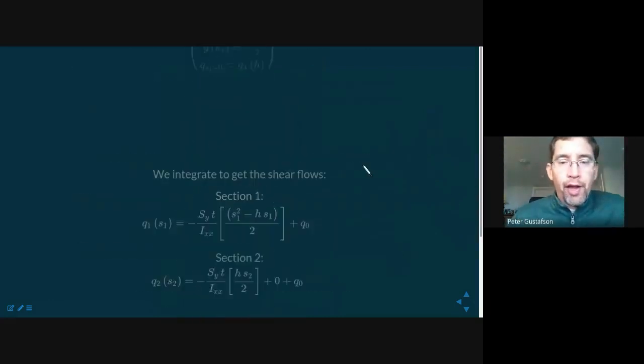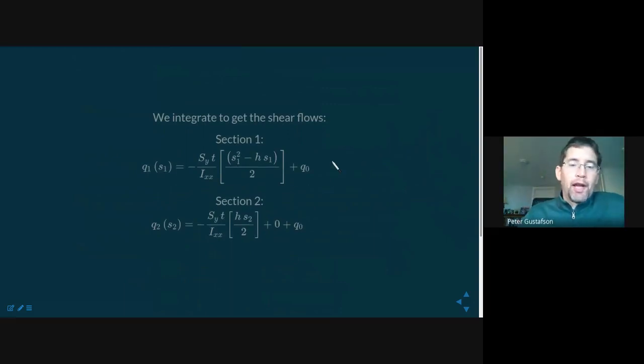So if I go through and do that integral, here's what I get. It's pretty straightforward, actually. Q1, just to remind you, so the value of y was linear in s. So when we integrate with respect to s, we get s1 squared minus hs1. So we get a quadratic equation.